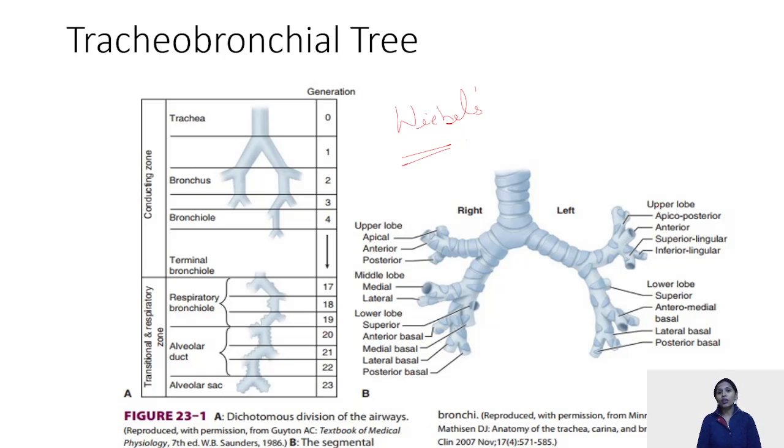Please remember, you have 23 generations, out of which 0 to 17 is only the conducting zone, starting from the trachea to the terminal bronchiole, where there is no exchange of gases occurring. Then from 17 to 23, we have the respiratory zone where the exchange of gases actually takes place.